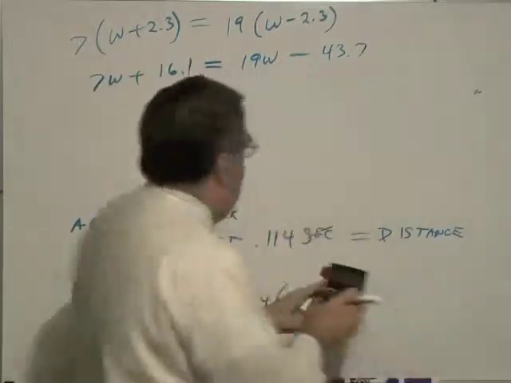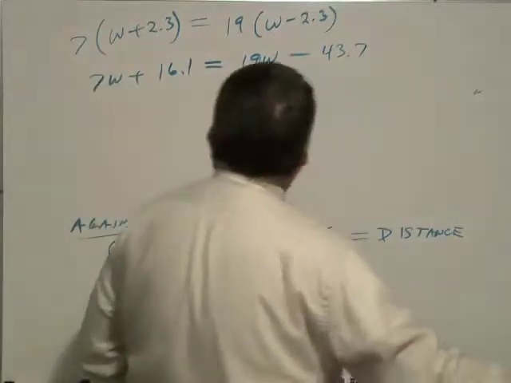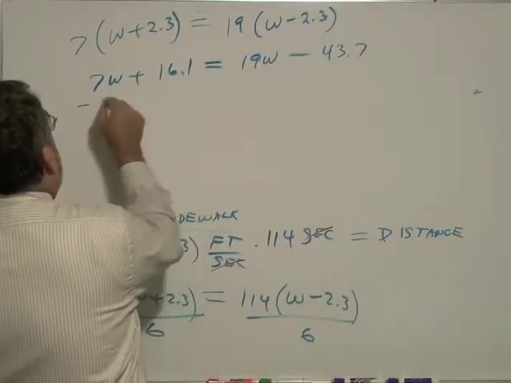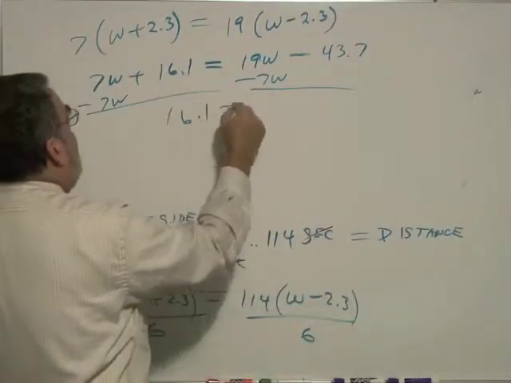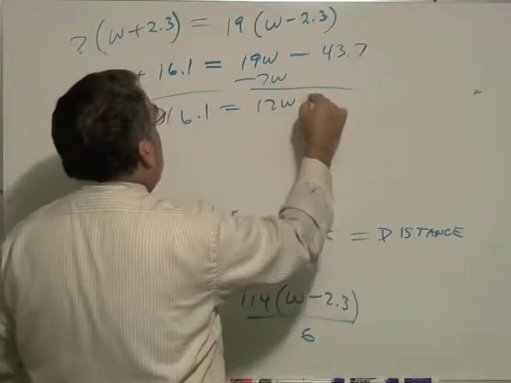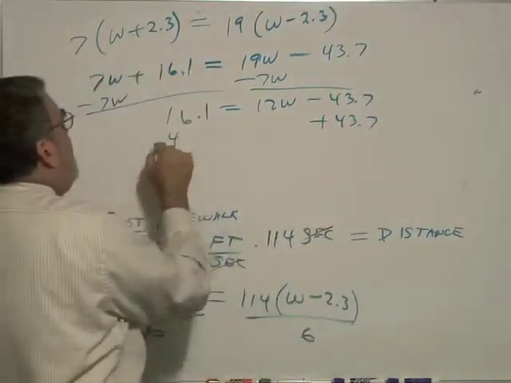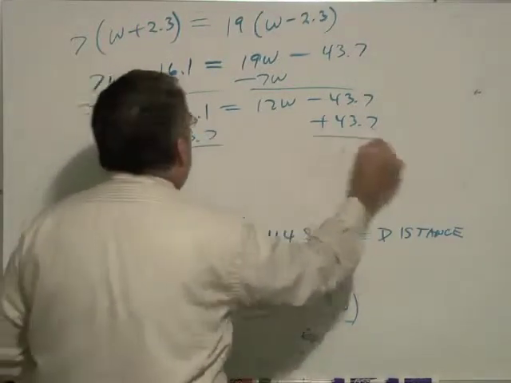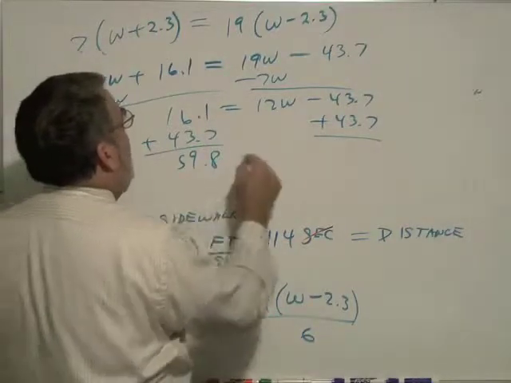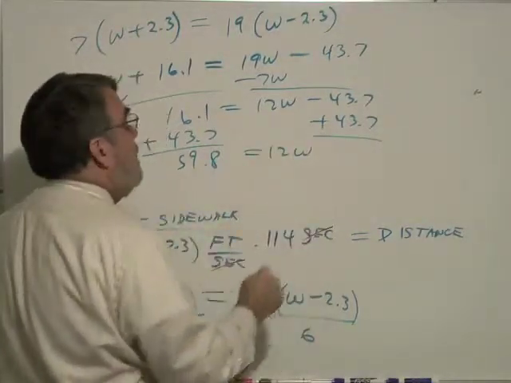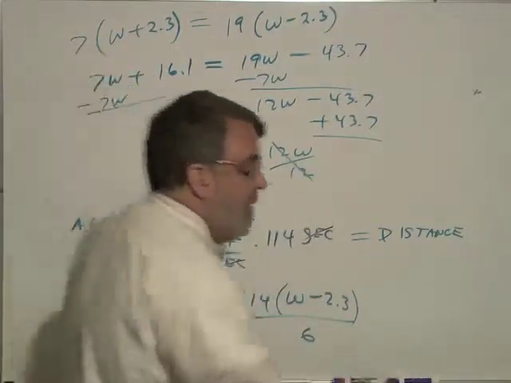So I'm just going to double check my 7 times 2.3. I'm pretty confident, but yep, 16.1. So let me see, I'm going to subtract 7W from both sides. 16.1 equals 12W minus 43.7. I'll add 43.7 to both sides and get 59.8 is 12W.